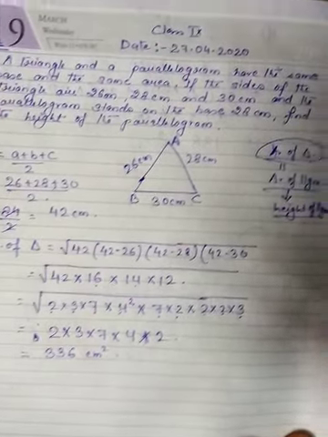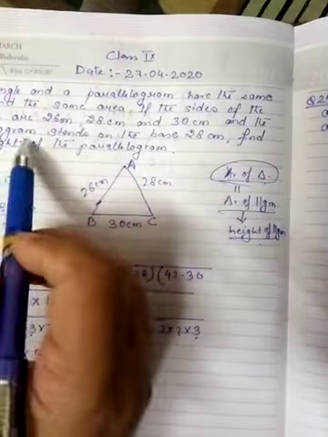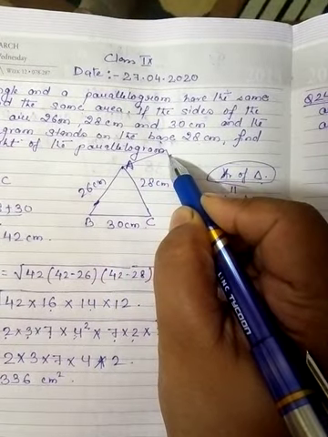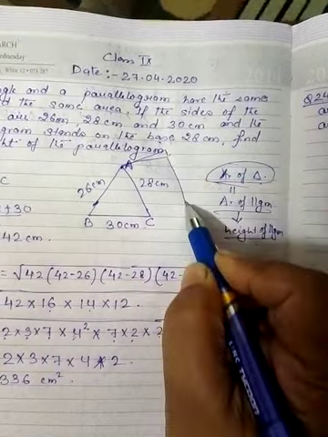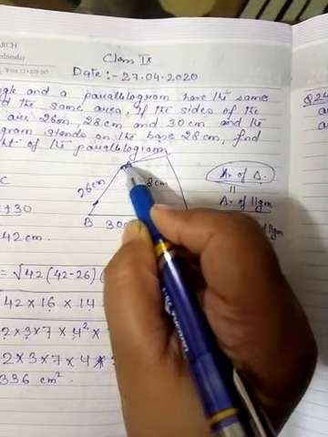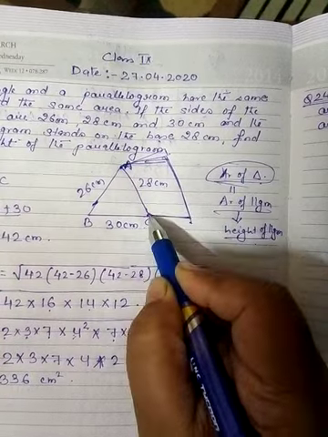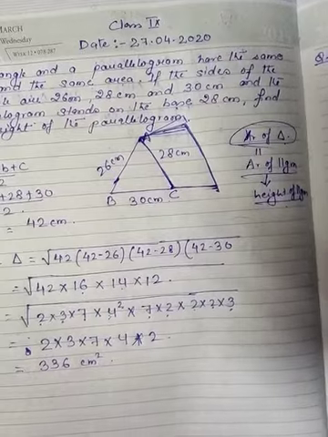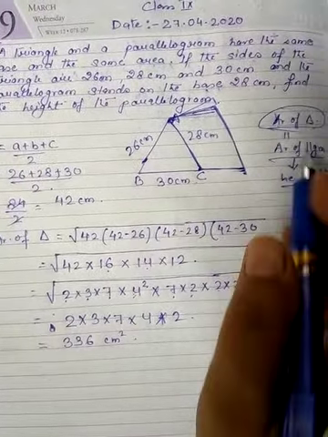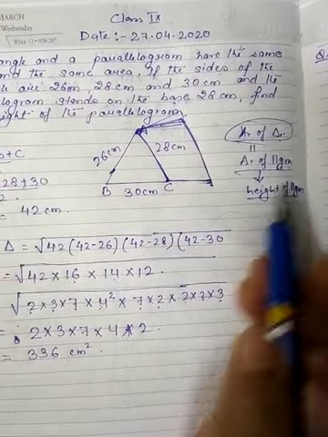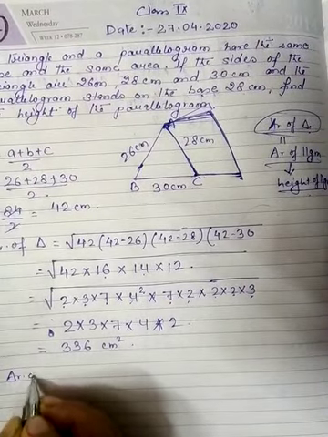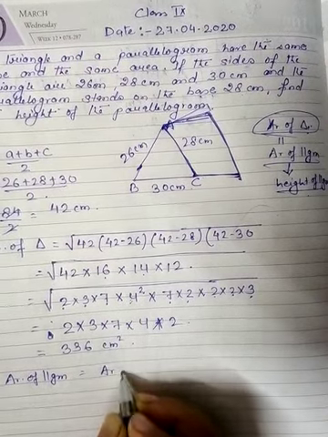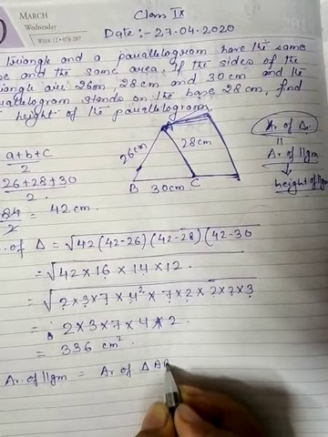Now in the question it's given that the parallelogram stands on the base of 28 centimeter, meaning we have a parallelogram here, and we have to find the height of this parallelogram. It's also given that the area of the triangle is equal to the area of the parallelogram. So I will write that the area of the parallelogram is equal to the area of triangle ABC.